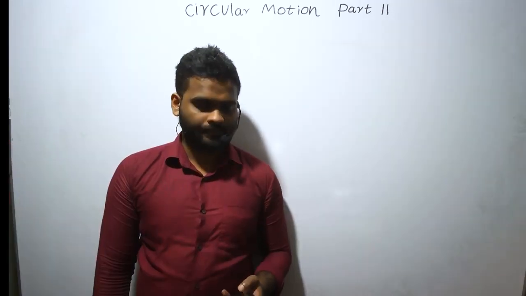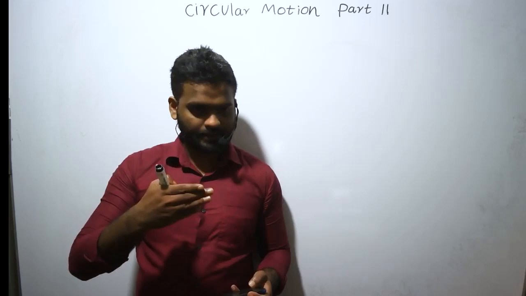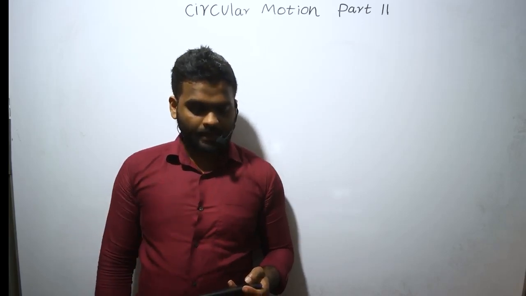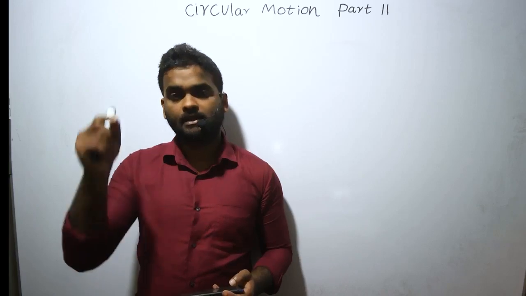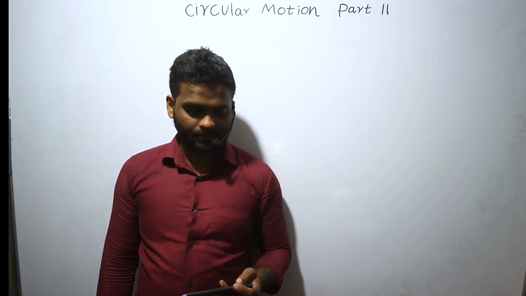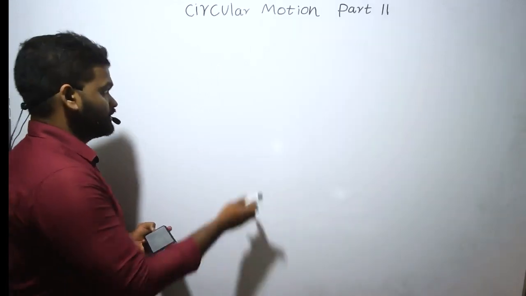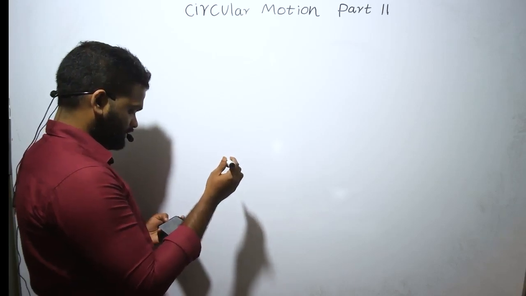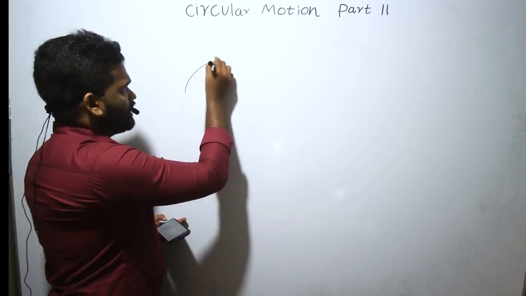13th question. A smooth circular pipe is placed vertically. Vertical circular motion, right? A small particle placed at the top of the circle inside the pipe is released. Find the force exerted by the pipe on the particle when the angular displacement of the particle is theta. So I'll just draw half of that, right?